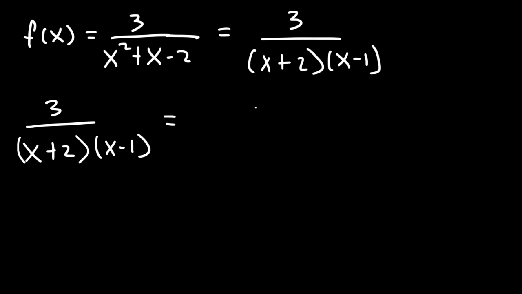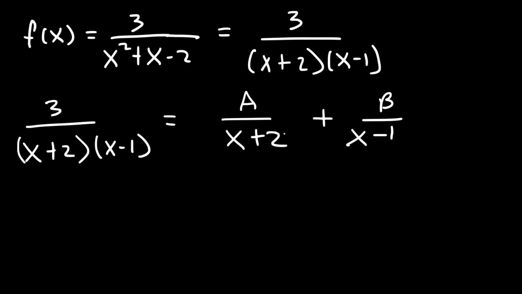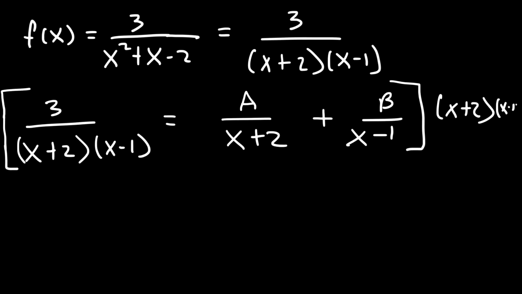So we're going to write this as a over x plus 2 plus b divided by x minus 1. Now, let's multiply both sides of the equation by the denominator on the left side. So that is by x plus 2 and by x minus 1. So these will cancel.